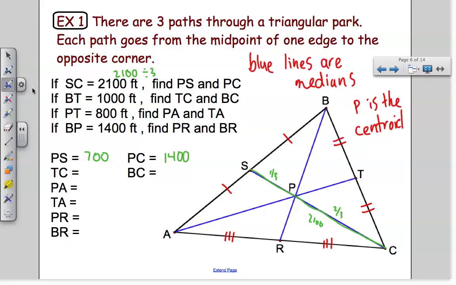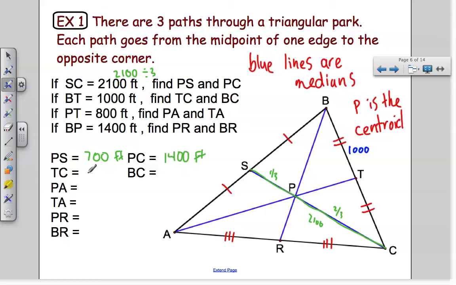Alright, what do we got for the next one here? BT is 1,000 feet. BT is here. Oh, you know what? I should put my labels of feet here. Sorry. BT is 1,000 feet. My apologies. Find TC. What is TC? Well, because T was the midpoint of this side, we knew that this segment BT was congruent to this segment, TC.